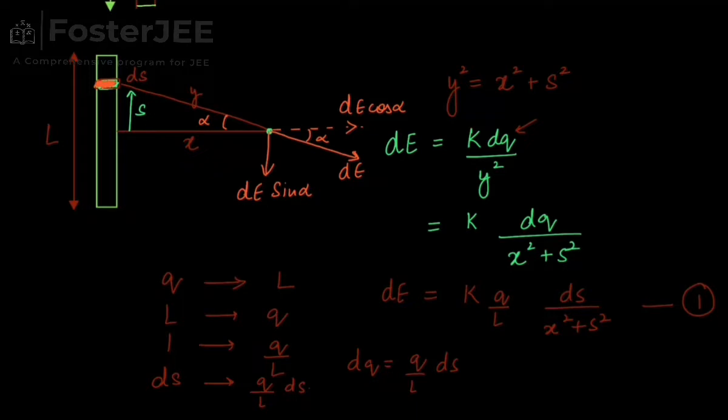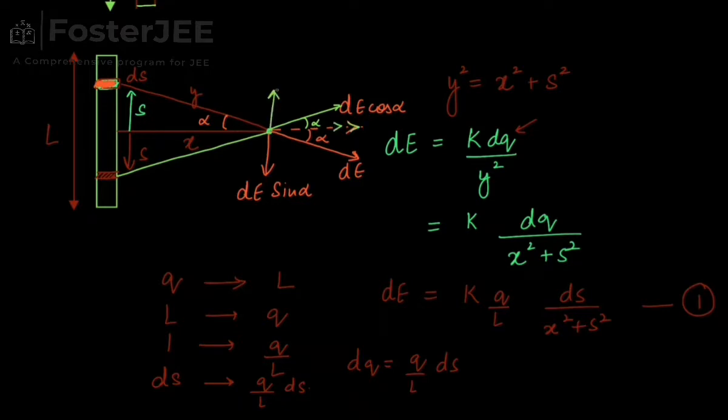But by symmetry, we can say if we take similar element at a distance s on downward side, it will act in this direction. And if this is also alpha, because all are symmetrical, the dE cos alpha component will get added up.